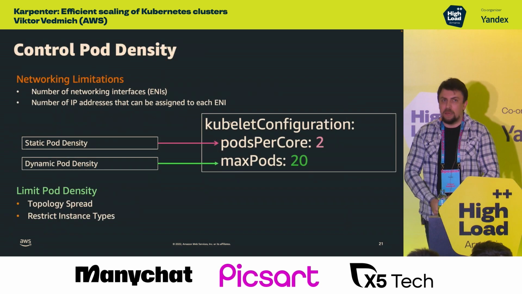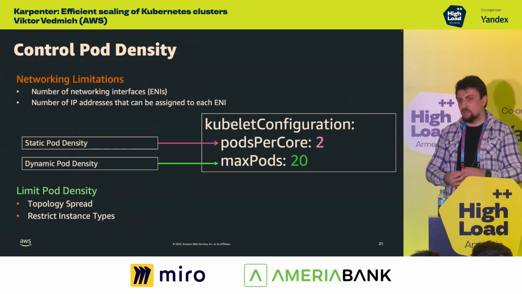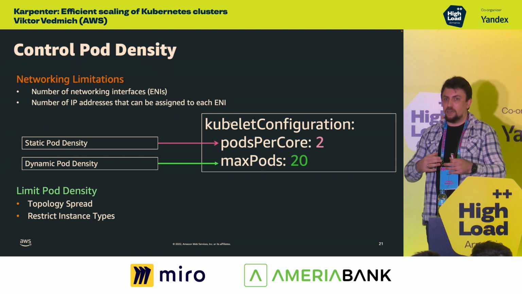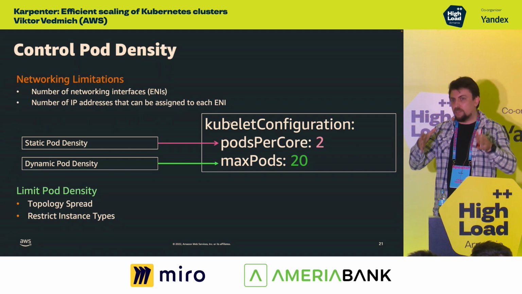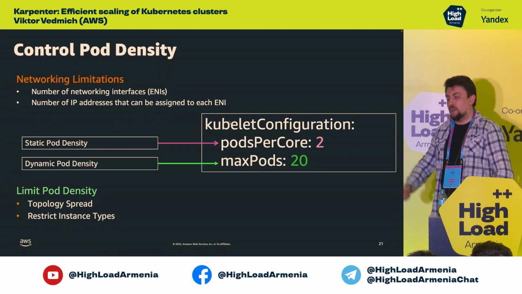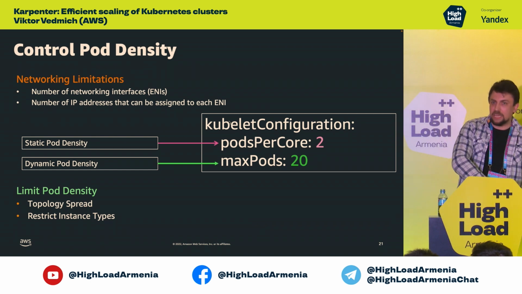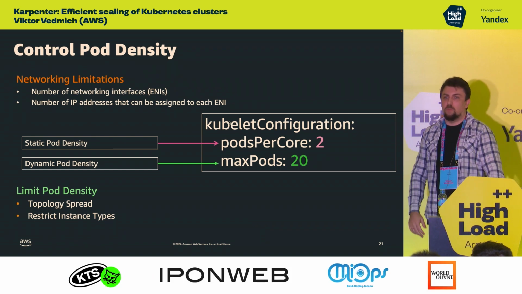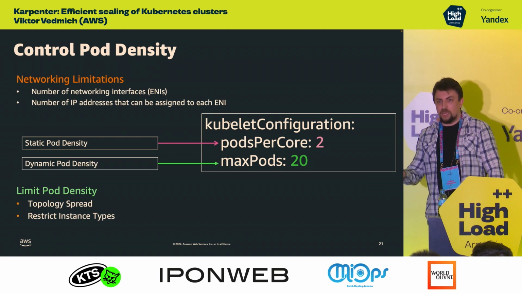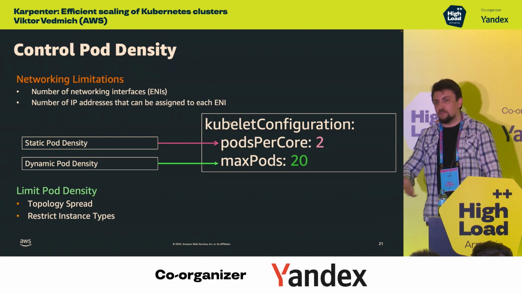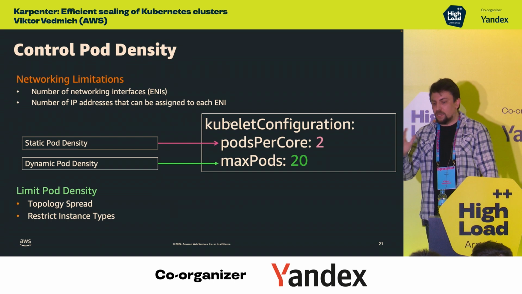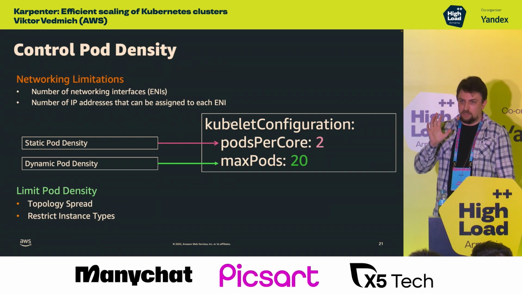Also, remember that when we create a new EC2 instance, depending on its size, it will determine how many pods I can put inside this node. For example, if it's very small, I can put only 5 pods because of a network limitation. I can provide only 5 IP addresses, and all of that stuff. What can we do with pod density?